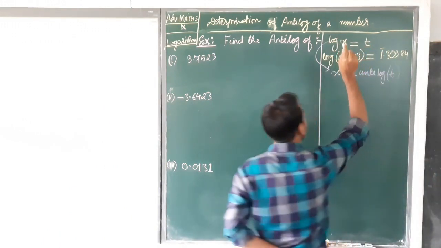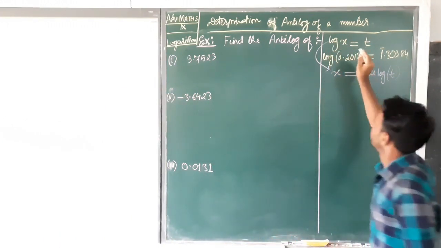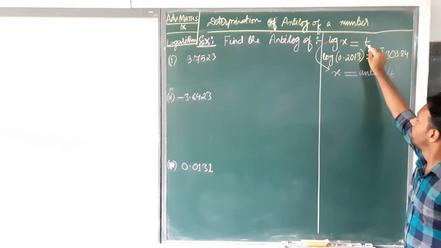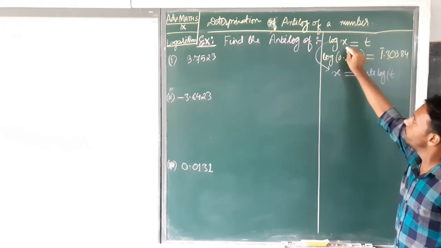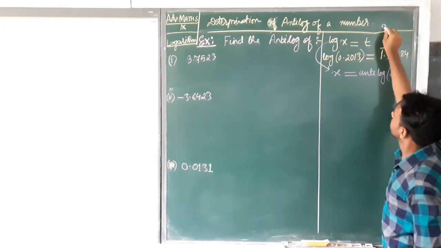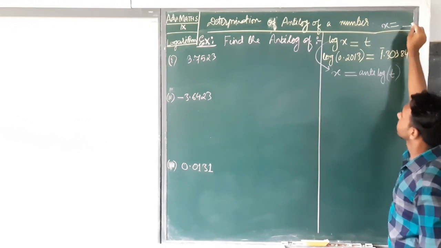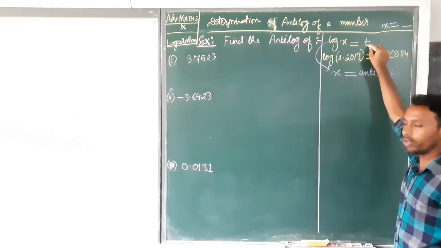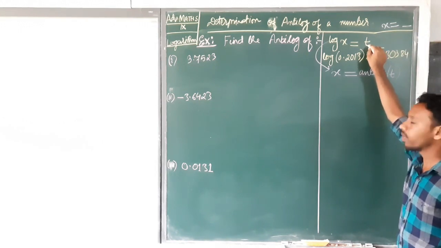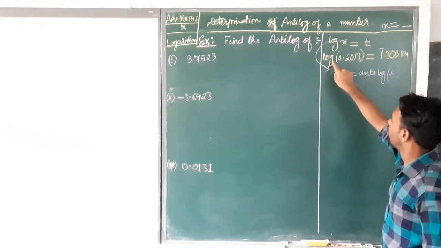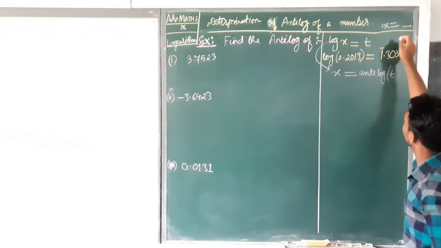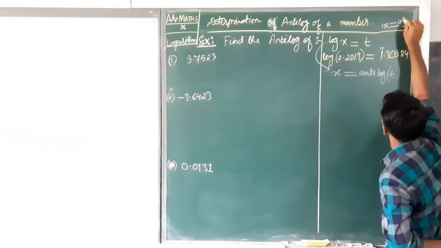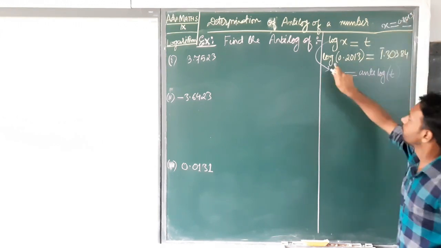Log of x equal to t, suppose. When we know the value of x, then we can easily find out the value of t. Suppose x is 0.2013.